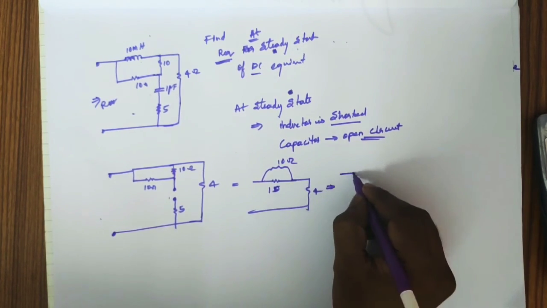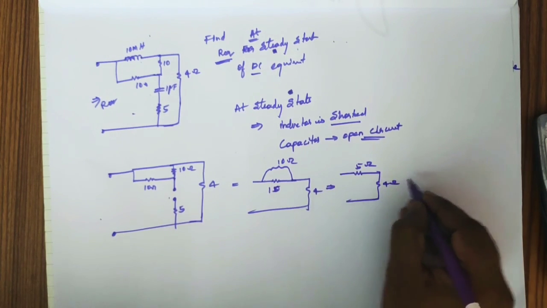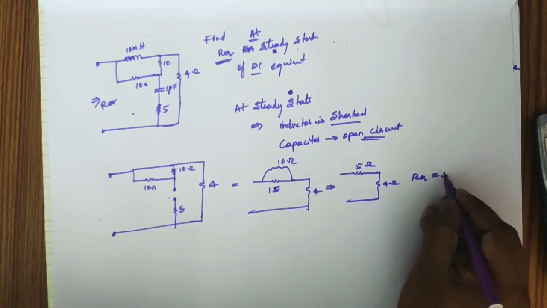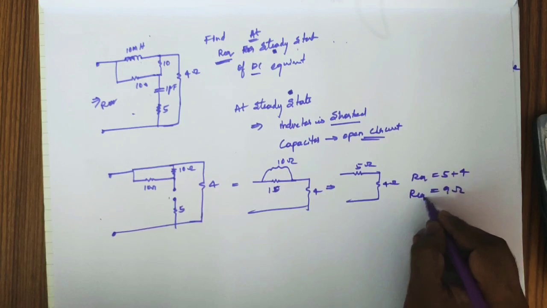This is 5 ohms and this is 4 ohms. So R equivalent equals what? 5 plus 4. So you got 9 ohm. Okay.